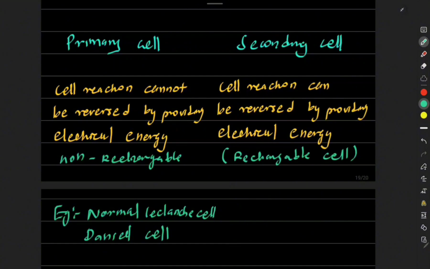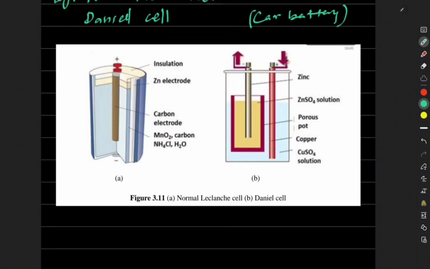Here the secondary cell is the lead accumulator battery, which is the car battery. This is the normal Leclanché cell and the Daniel cell.